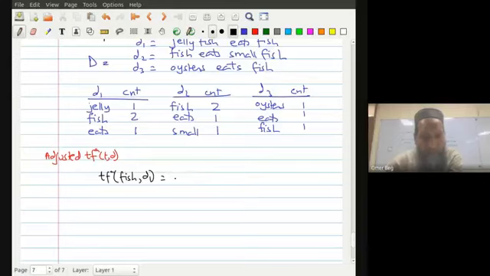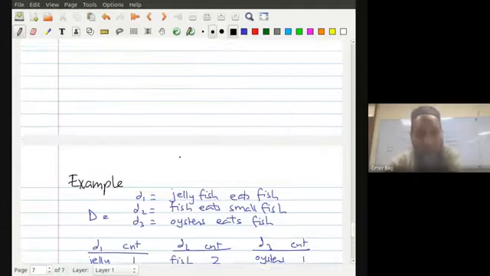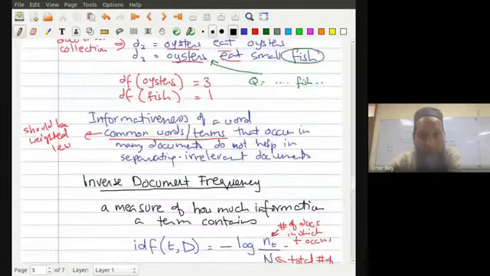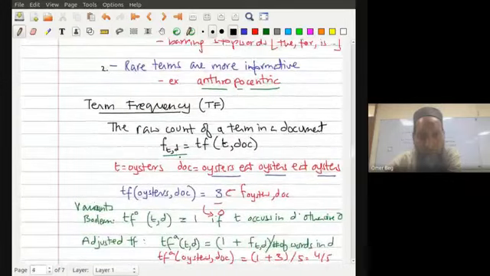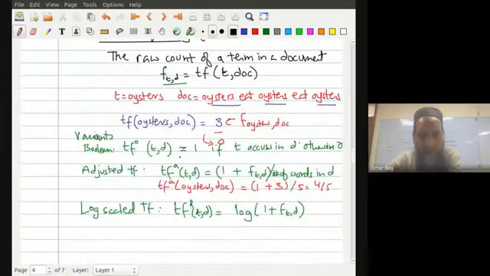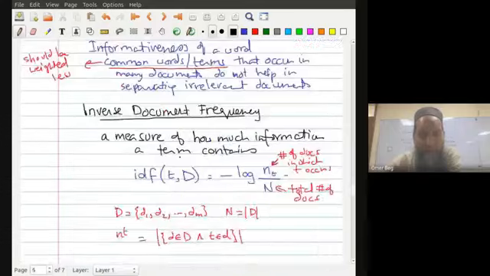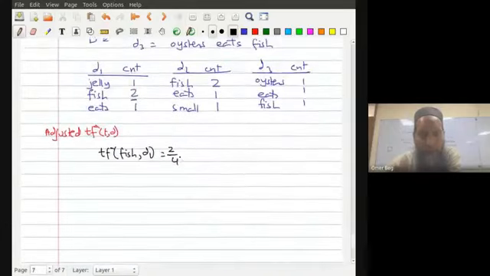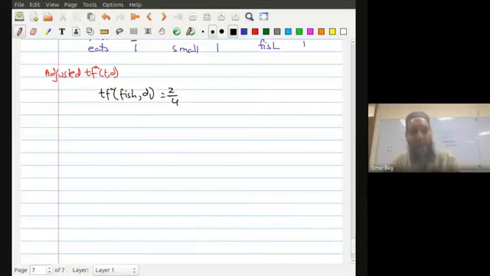That would be 2/4. How did I define adjusted TF? Okay, adjusted TF has a 1 added to the frequency. So instead of 2/4, that would be 3/4. Right?